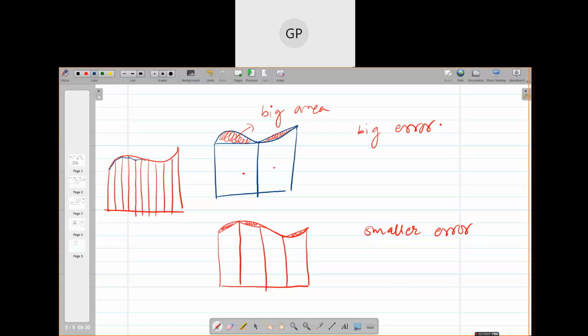I may not be very accurate while drawing these trapeziums, but this very small area is either getting deleted or added, right? So the error becomes still smaller. The more intervals you have, the smaller the error in your answer. Is that clear?